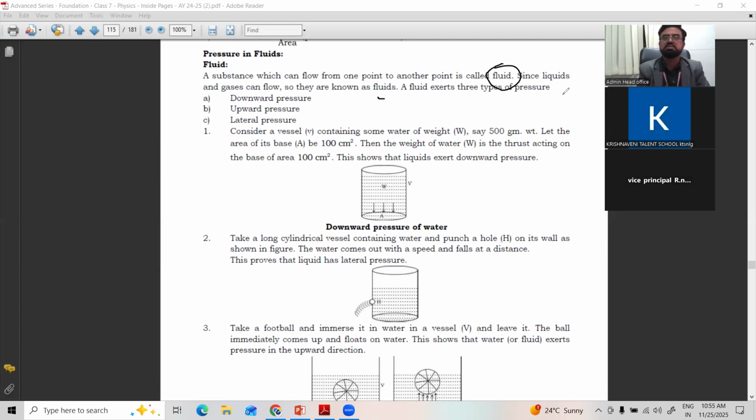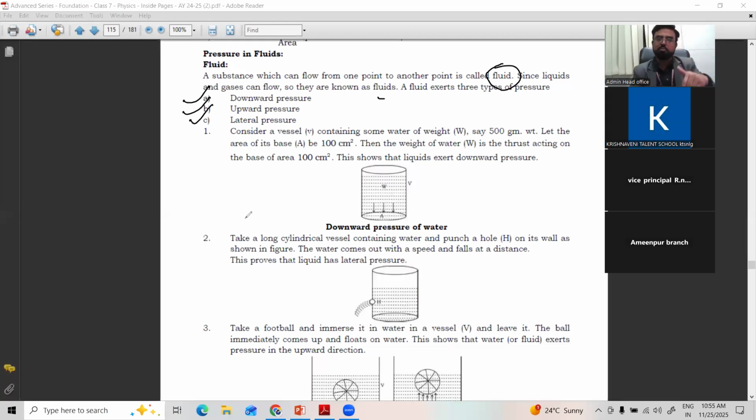The fluid exerts many pressures: downward pressure, upward pressure, and lateral pressure. Lateral means along the direction. Three kinds of pressures are there. Along the surface also they exert pressure. Because of lateral pressure only, a boat or ship can move forward.